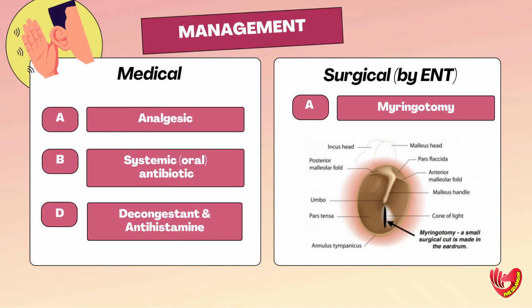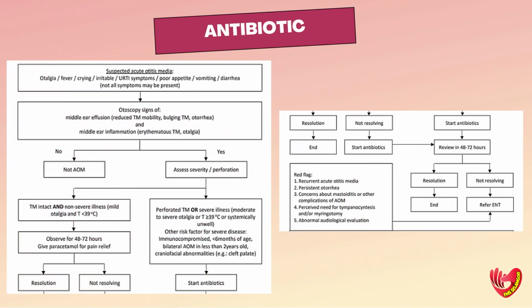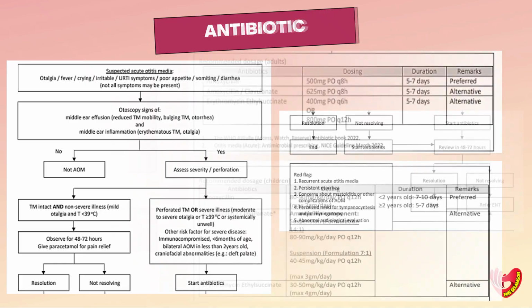Management includes pain relief, watchful waiting for mild cases, antihistamines, decongestants, and antibiotics. For recurrent and severe infections, surgery by ENT is indicated. The decision to prescribe antibiotics for acute otitis media should be based on the National Antibiotic Guidelines 2024.